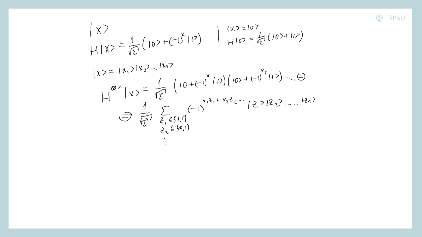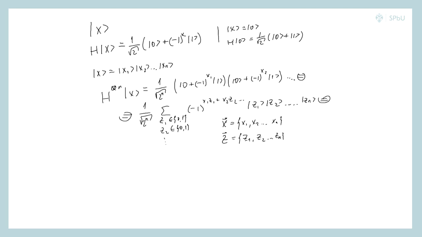And let's now assume that we denote the vector x as the set of numbers x1, x2, etc., to xn, and that vector z is the set of values z1, z2 to zn.